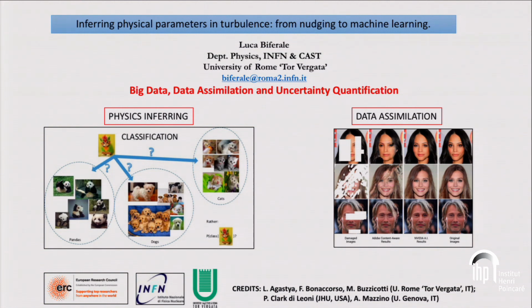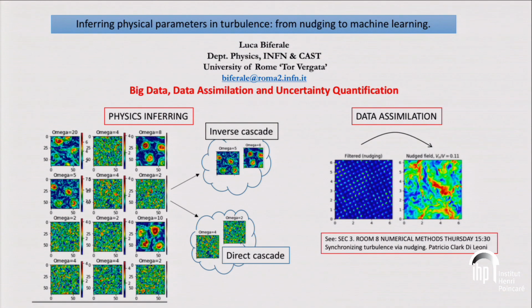I come from turbulence, and my way to translate these two problems is the following. What about physics inferring? I could imagine having turbulent configurations coming from simulations or experiments with different parameters. These are all configurations coming from turbulence under rotation at a different rotation rate. And you see, some of them are very different from some other.